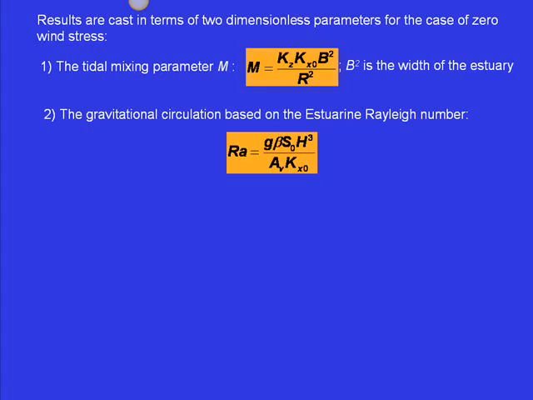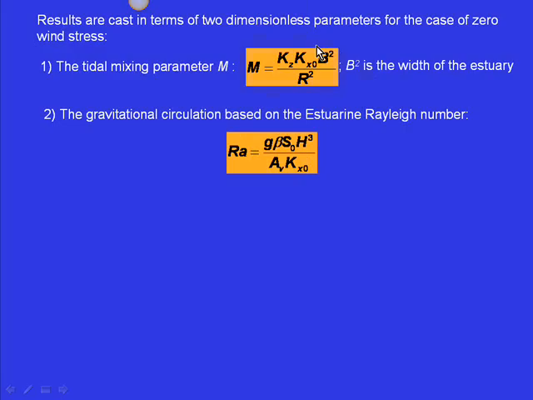Essentially, with these two parameters we're looking at the relative contribution from mixing versus gravitational circulation in transporting salt. If you look at the salt balance equation that we showed before, it's an advection-diffusion equation. So this would look at advective processes, and this would look at diffusive processes.